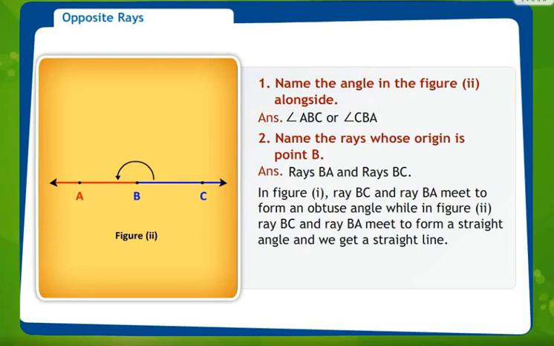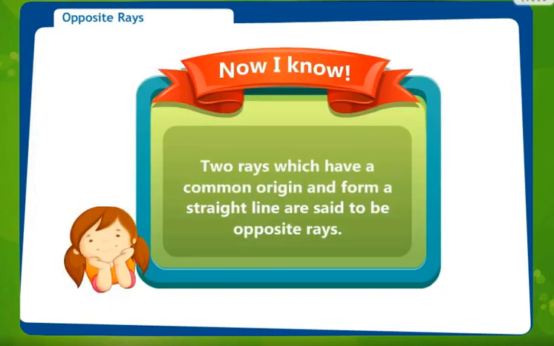Now since we have a straight line and the two rays are opposite, this angle can also be called a straight angle, and the rays which you can see are called opposite rays. So children, keep in mind, two rays which have a common origin and form a straight line are said to be opposite rays.